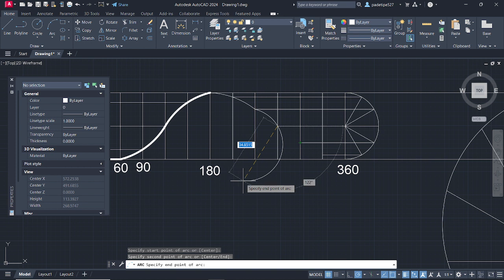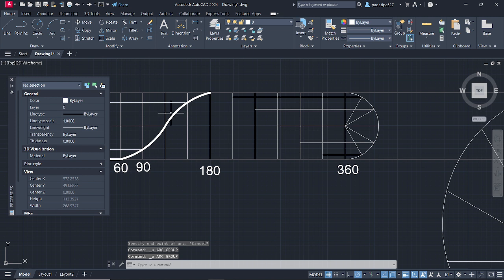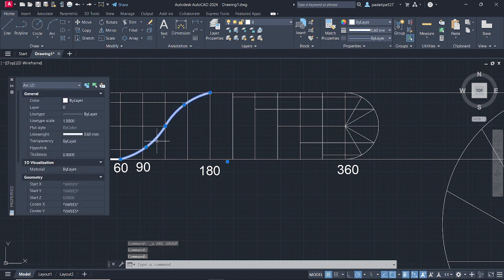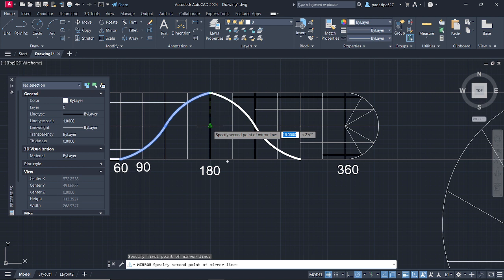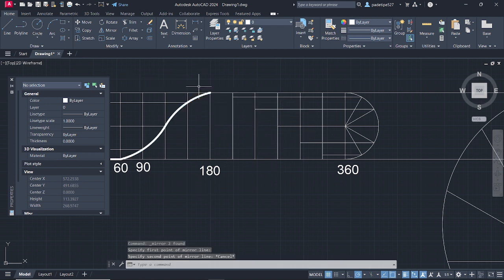And I guess we'll use line here in this case. Let me try something. Let's see if this should give us the same thing. All right. Nah, it's going to be different. Sorry about that. So let's use spline then.